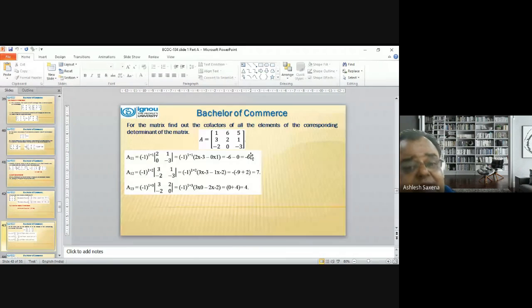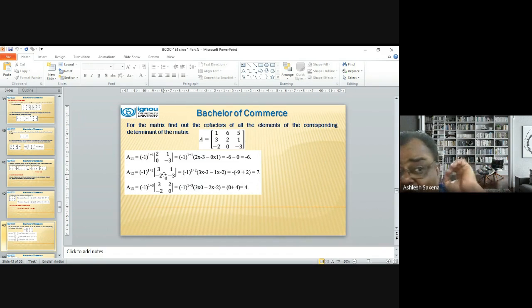Okay. Now we move to A12. A12 means removing the first row, second column. You are left with 3, 1, minus 2, minus 6. We will be multiplying: 3 into minus 3 is minus 9. Minus 9 plus 2 is minus 7.